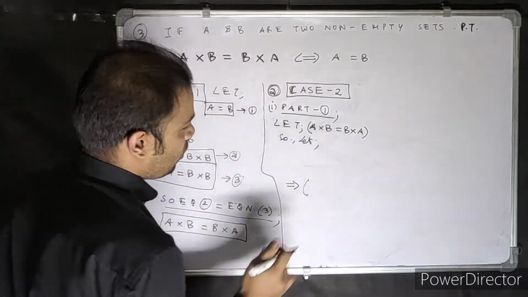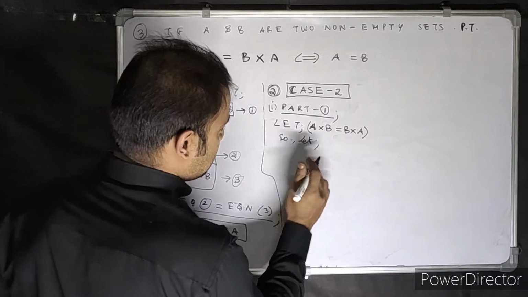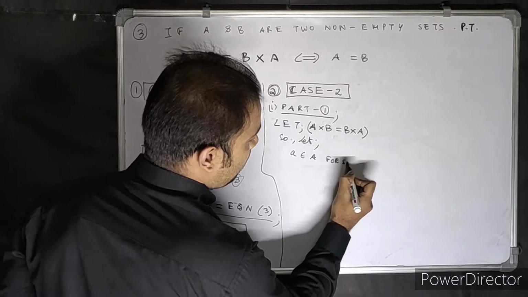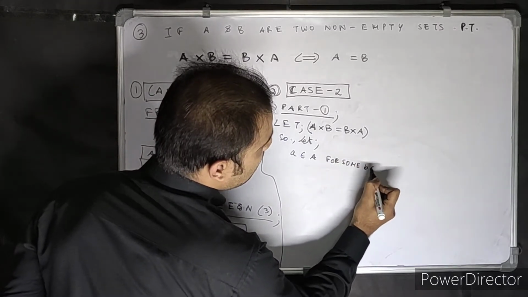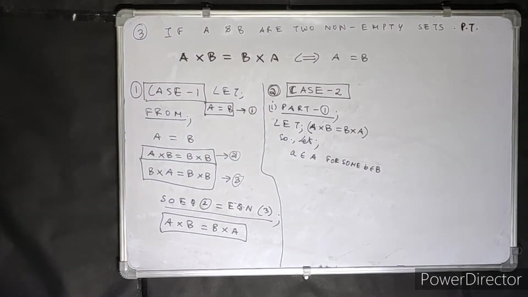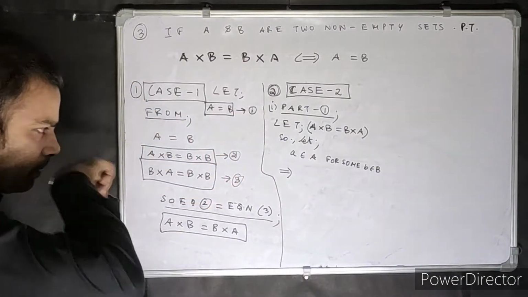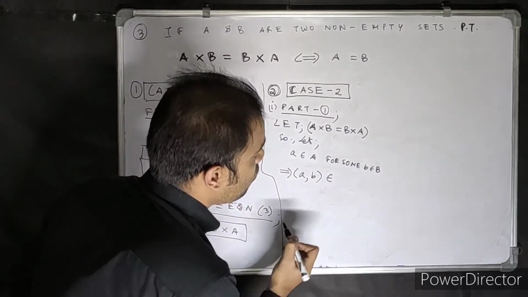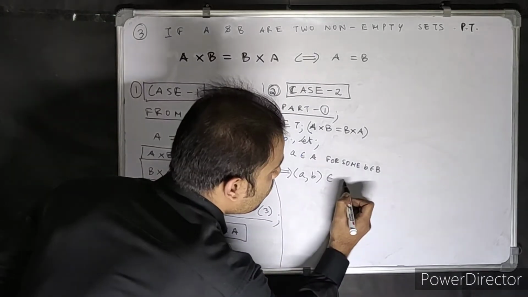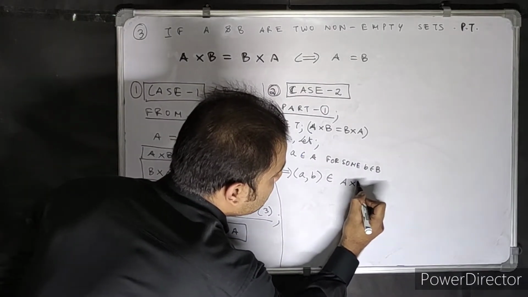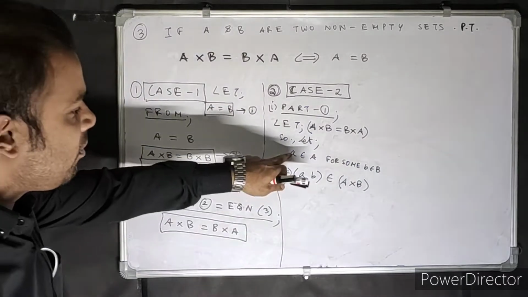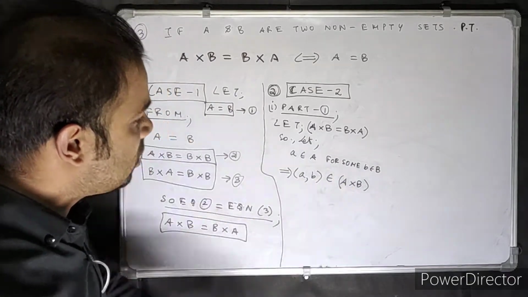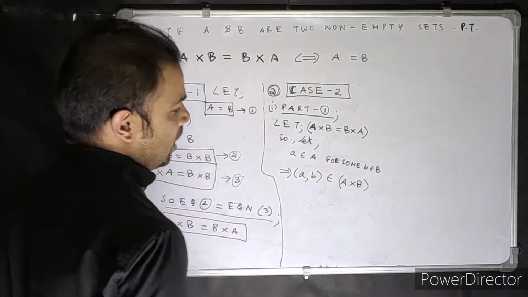Start like this: let A belong to A, for some B belonging to B. Now from here what you can write is A comma B belongs to A cross B. From here we can write this: A belongs to A for some B belongs to B. That means A comma B belongs to A cross B. Now why did I change it to this, A belongs to A?